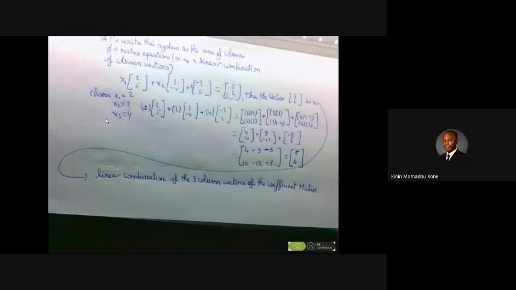Since this system is underdetermined, it has infinitely many solutions.